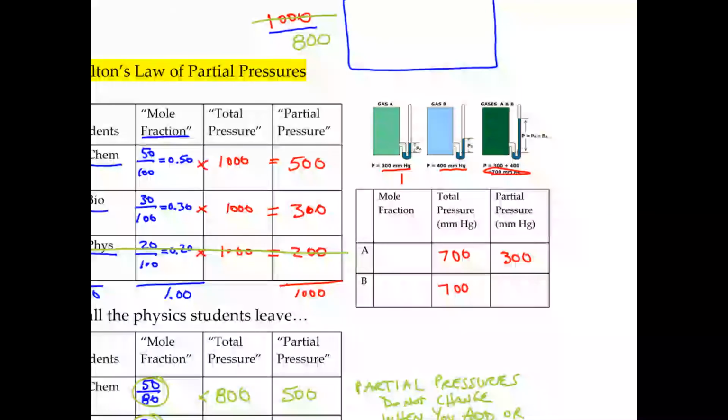You see gas A right here is, sorry, lost it, this is 300 and this is 400. So now you could work backwards because you know that the mole fraction times the total equals the partial.